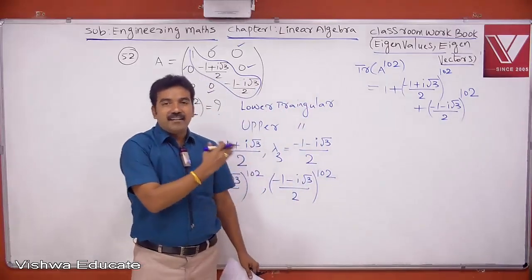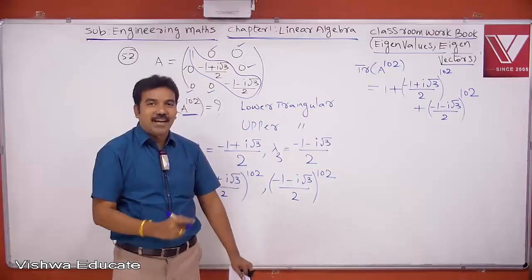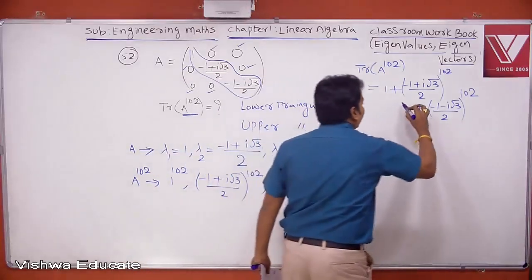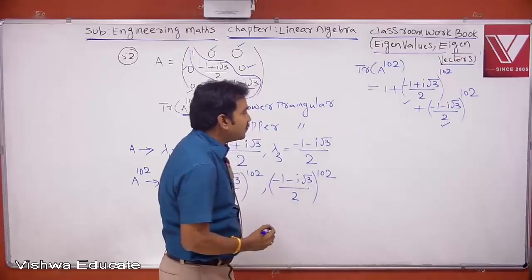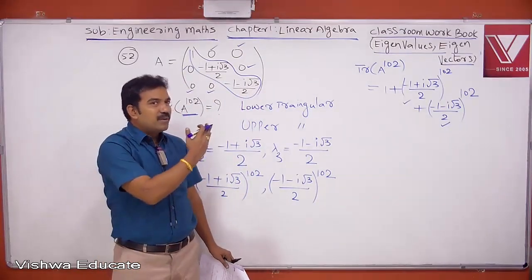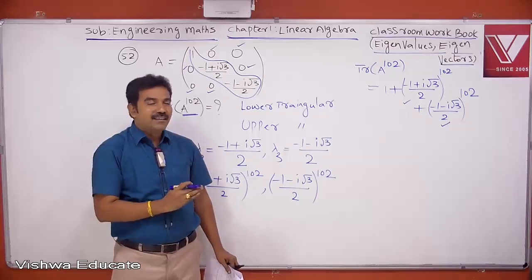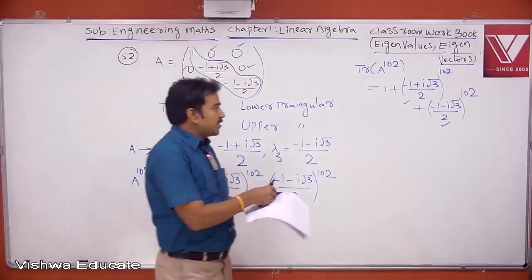Now the difficulty at this moment is how to find these powers. They are complex conjugates, so simplifying this is a little bit complicated. Let me explain what those values are.